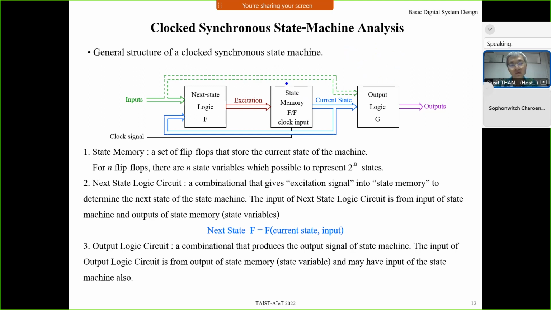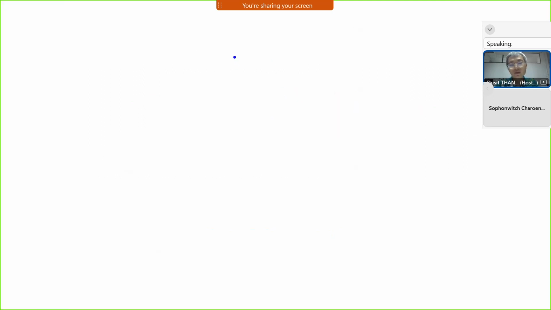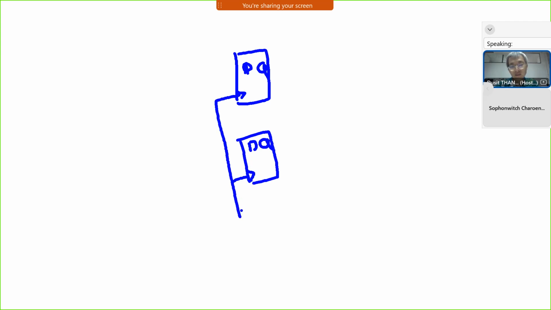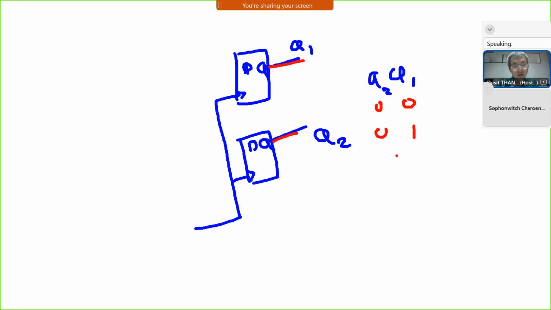If your state memory uses two flip-flops, something like this, D, Q, D, Q, and normally we use the same clock for all flip-flops. This one may be Q1, Q2. So the value of flip-flops Q1, Q2 may be 0,0, 0,1, 1,0, or 1,1.